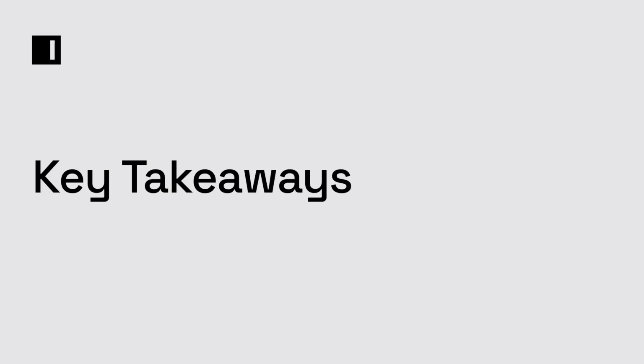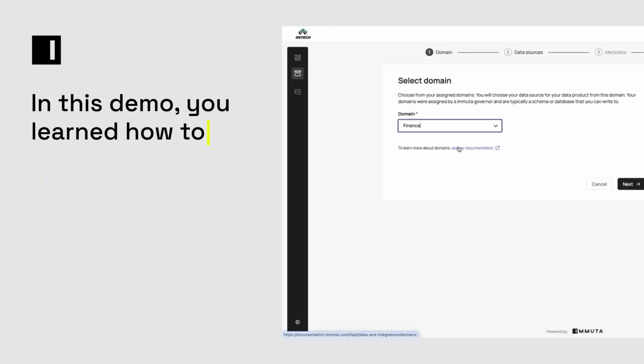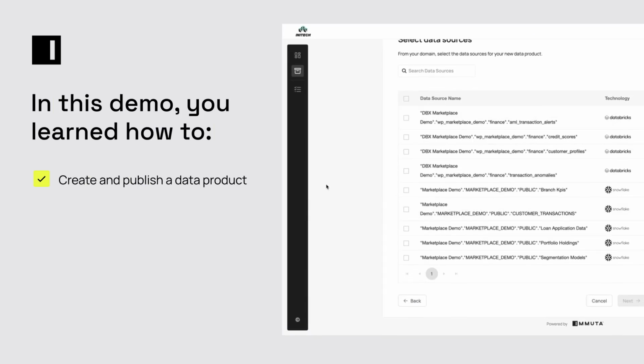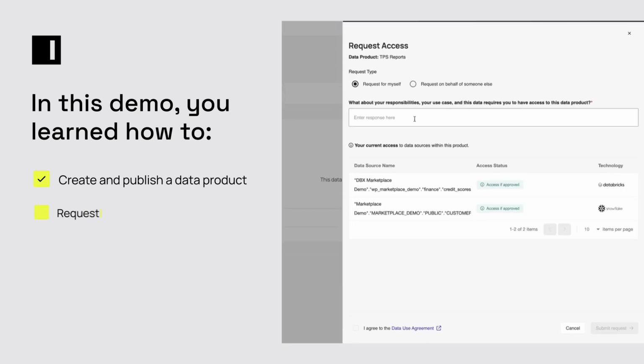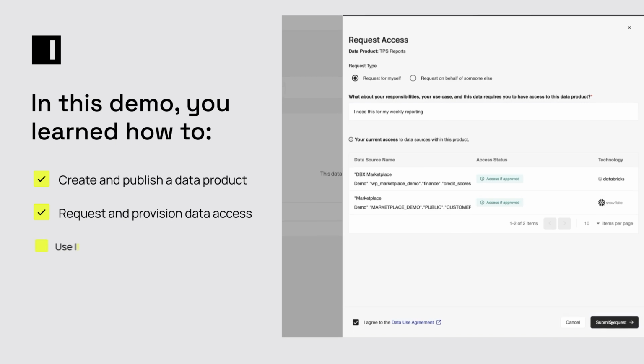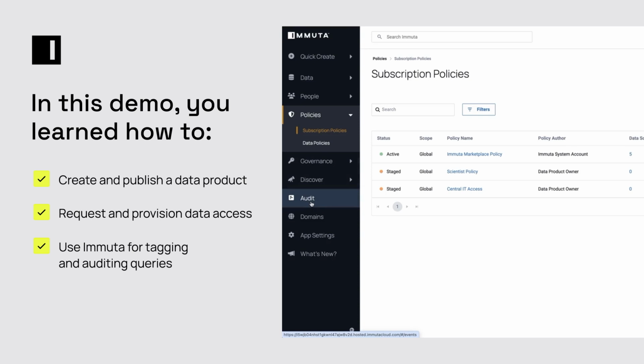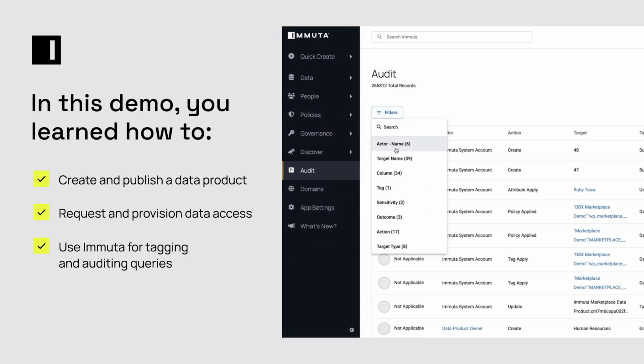Just to summarize what we covered real quick, we were able to publish a data product, the TPS reports. The user was able to request access and have that access, once it was granted, actually be provisioned in the data platform and query it. And then we used Immuta tagging and audit to discover that there were some queries happening that we didn't like against the social security number.